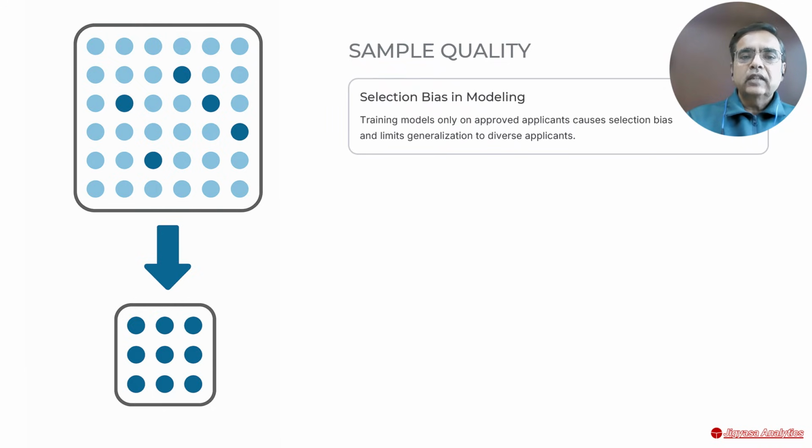Because of that, training models only on the approved applications will create a certain selection bias, because you are not able to observe the performance of the people you have excluded from the pool, and this would mean that the model cannot be extrapolated and generalized to diverse applicants not included in the funded pool.